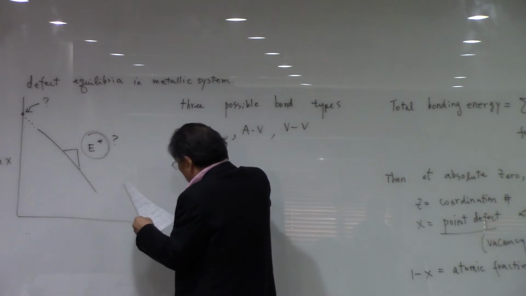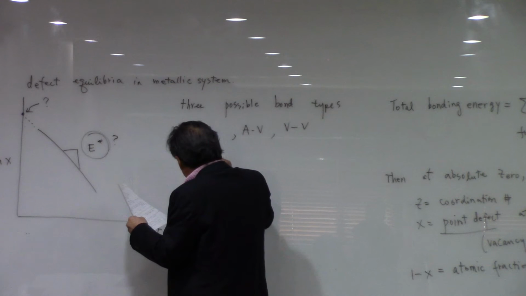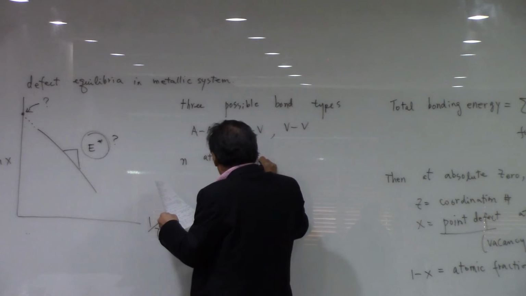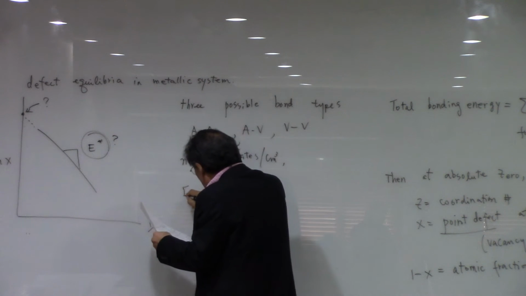And then we have N atomic sites per cube.